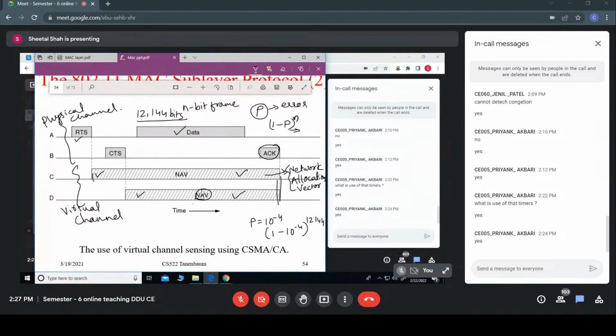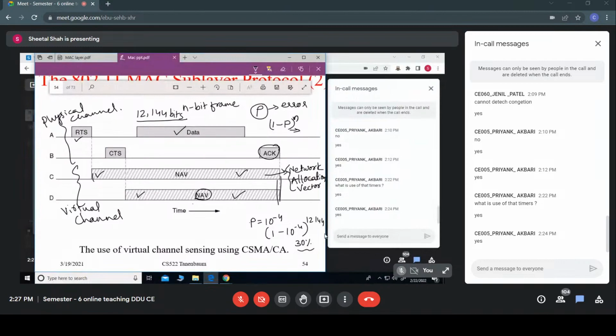So this would be approximately equal to less than 30%. That means the probability of successful transmission of the frame is less than 30%, even if a single bit error is there among these 12144 bits.